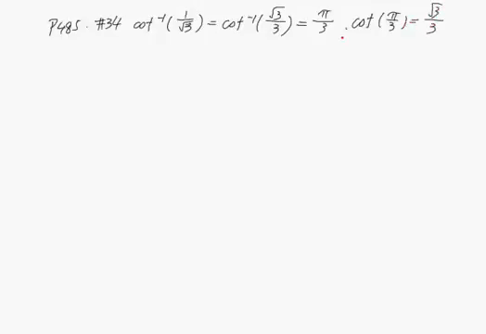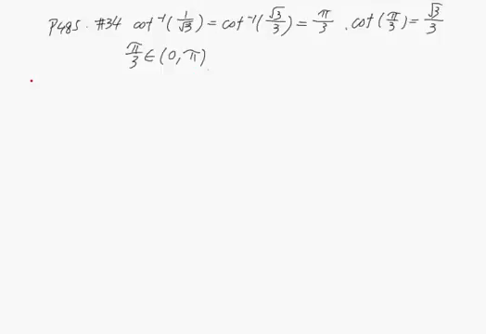You see, for this type of problem, you must memorize the function values for the most commonly used angles. And also this pi over 3 is in the range of the inverse cotangent, from 0 to pi.